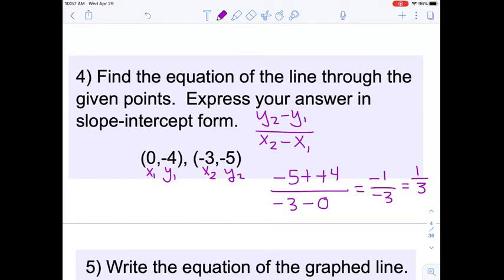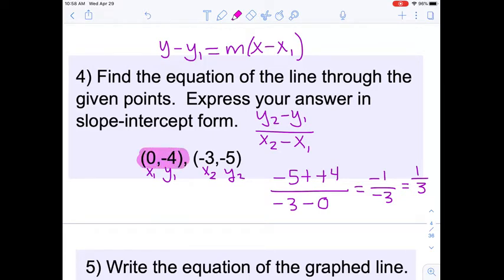Then we have to find the y-intercept. We can do that a couple ways. The first way would be writing out an equation in point-slope form: y minus y1 equals m times x minus x1. And we could solve that and get it into slope-intercept form.